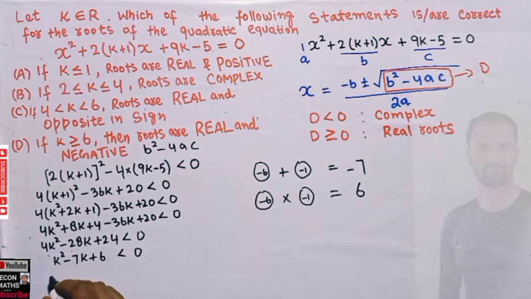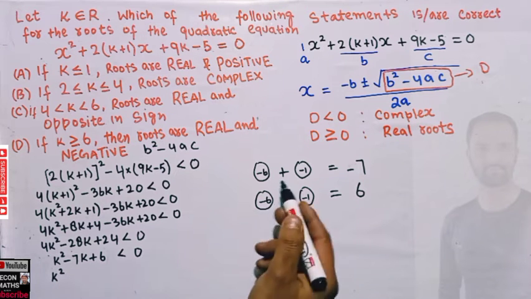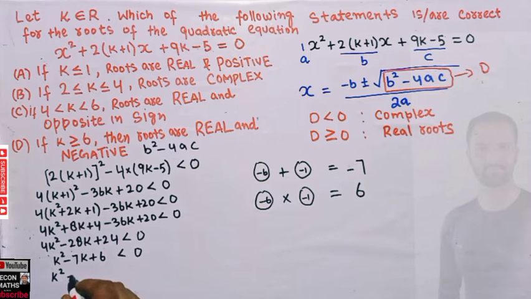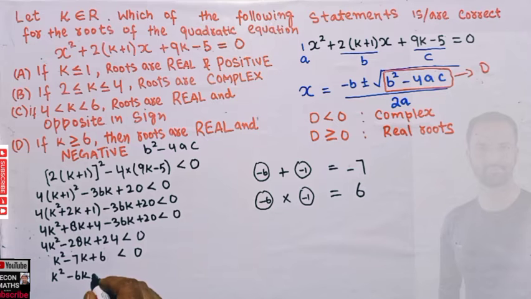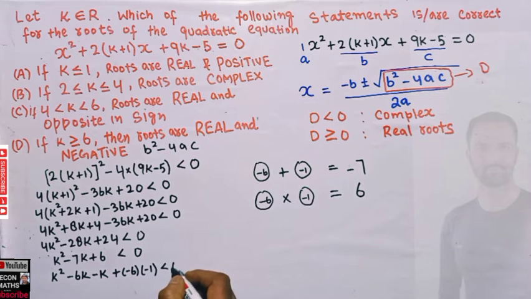So this can be written like this, k square, in place of this -7k I will write -6k, then we have this -1k, or I will write it -k, plus, in place of 6 I can write -6 into -1. It will not make any difference because minus minus is obviously plus here.